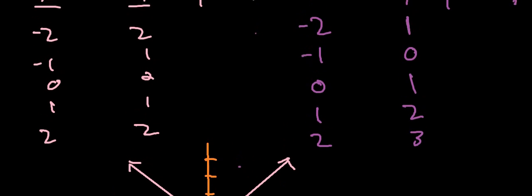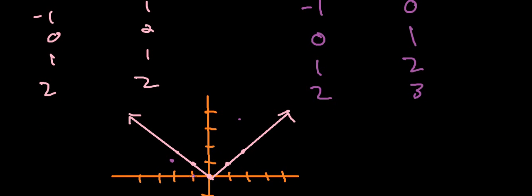Our next point is minus 1, 0. Can everyone see that? Yeah. Minus 1, 0, 0, 1, 1, 2, and 2, 3. So connect the dots and we can see that it is shifted over to the left one. And I'll explain why that is.